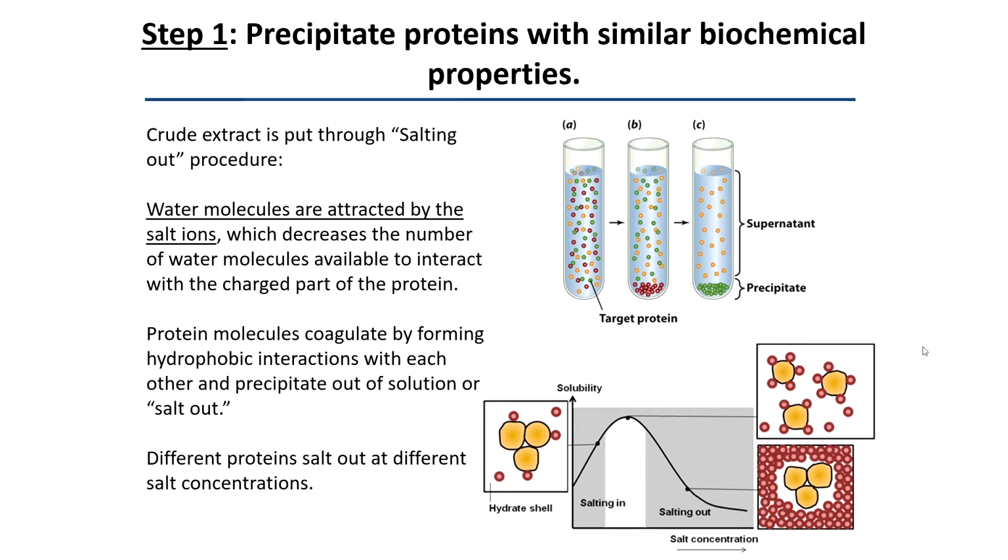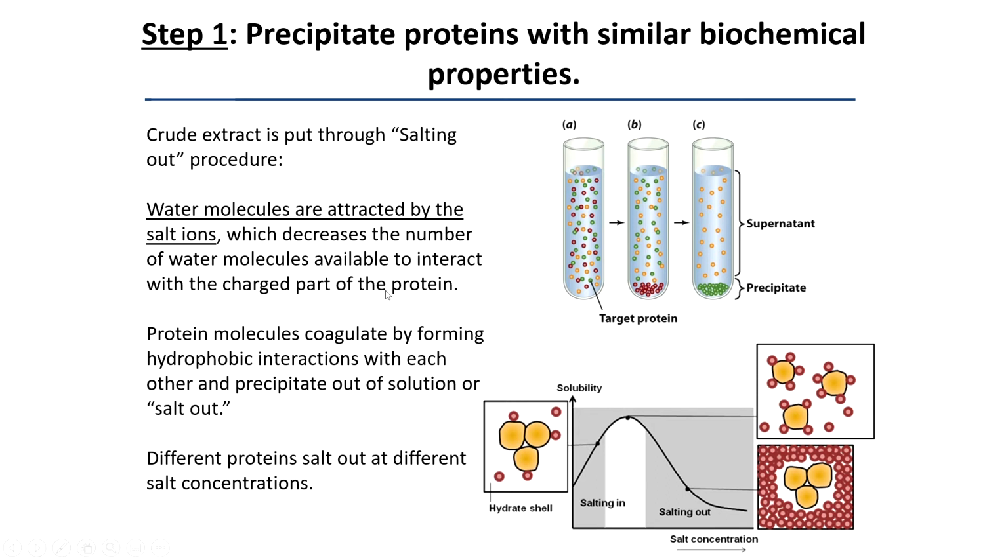We start with a crude extract, and it's typically put through one first procedure called salting out, where you increase the amount of salt concentration in your solution to the point where other dissolved compounds in solution fall out as a precipitate. Remember that water molecules are very attracted by salt ions, and that decreases the number of water molecules available to interact with a charged protein that's in solution.